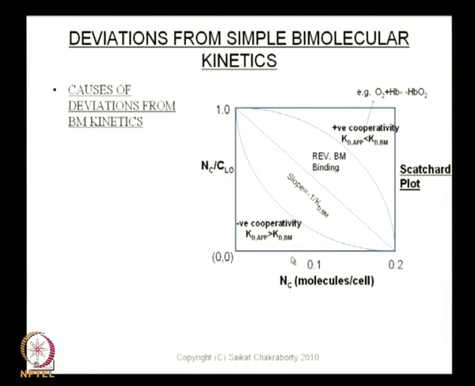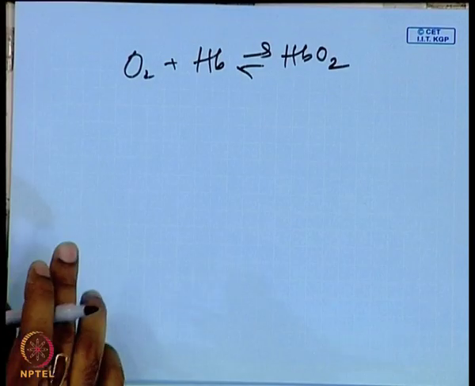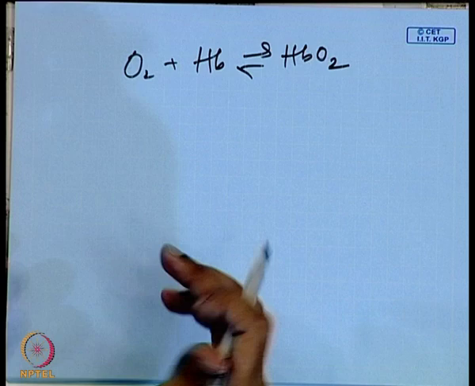Positive cooperativity and negative cooperativity. In an earlier course we had studied this, if you remember: oxygen plus hemoglobin gives HbO2.